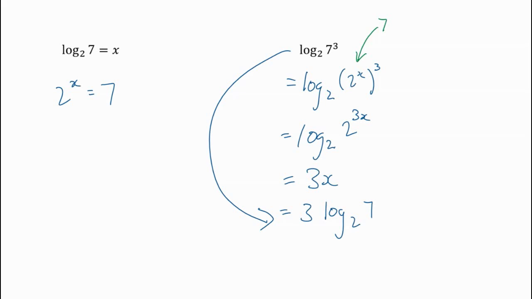This is really, really useful. One of the most useful properties, for us at least, of logarithms. That when I have an exponent on something, and they don't even have to have the same base or anything like that. Like log base 2 of 7 cubed is equal to 3 times log base 2 of 7 to the 1.